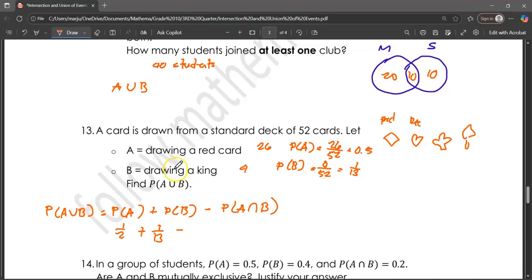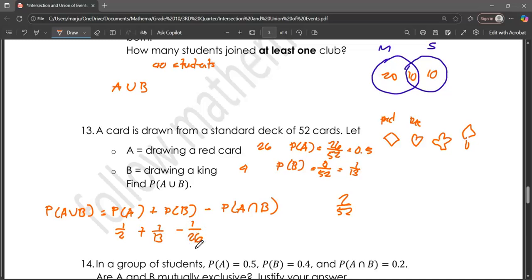'Di ba dalawa? Dalawa yung king, 'di ba, na red? So meaning to say yung ating A intersection B, that is just what? 2 out of 52 or simply 1 out of 26, right? That makes sense?